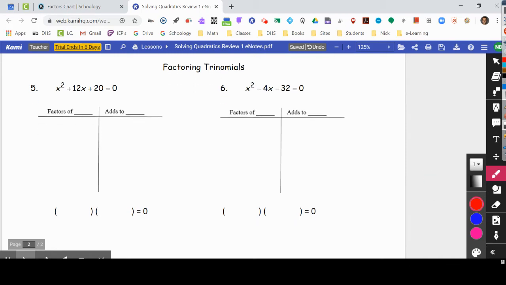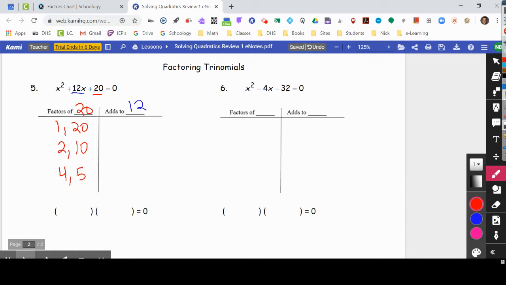So for factoring trinomials to solve, find the 2 factors that multiply to 20 but add to 12. They multiply to my last term and add to my middle. My factors of 20 are 1 times 20, 2 times 10, and 4 times 5.